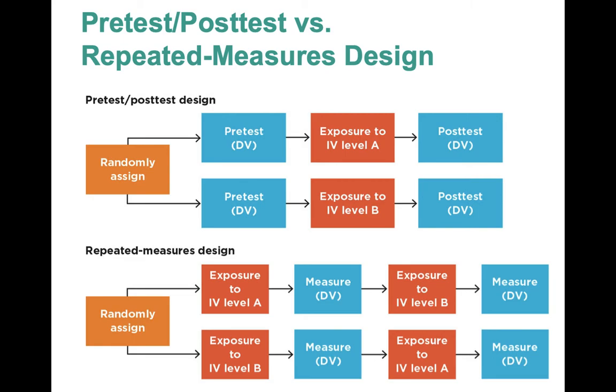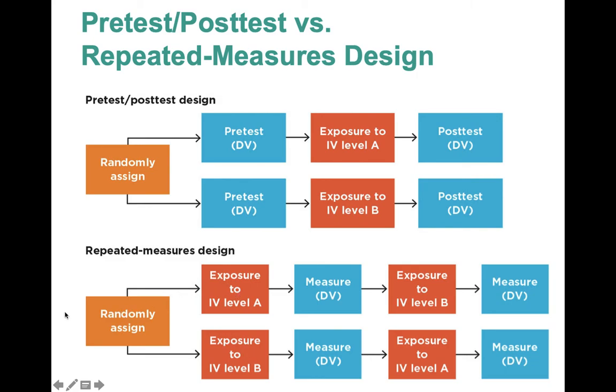Okay, so the next question becomes, should a pretest post-test design be considered a within groups design because participants are tested twice, once at a pretest and once at a post-test. So a pretest post-test design looks very similar to this repeated measures design, particularly when we use a repeated measures design that has the counterbalancing of conditions.